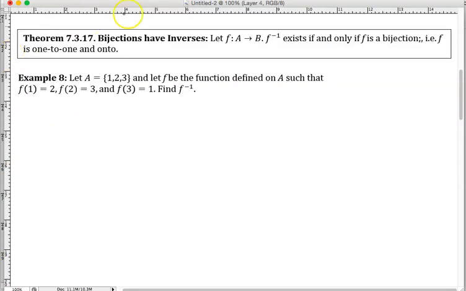Now, the functions that have inverses are bijections. For a function from A to B, the inverse exists if and only if f is a bijection, that is, f is 1 to 1 and onto.